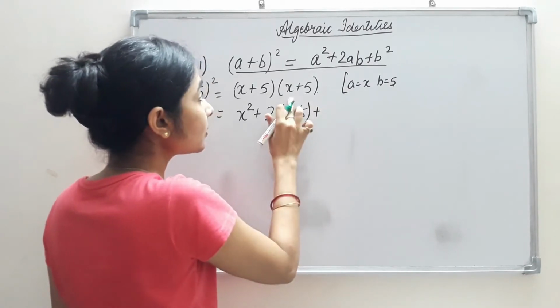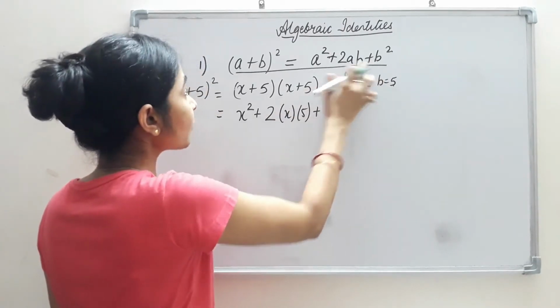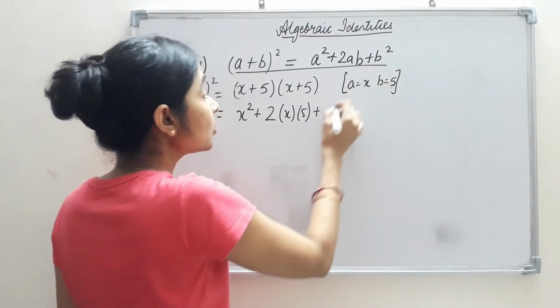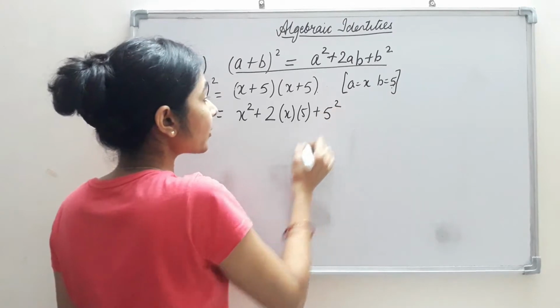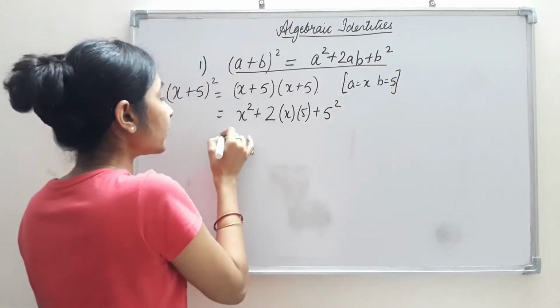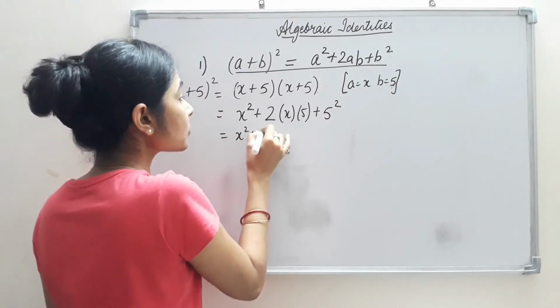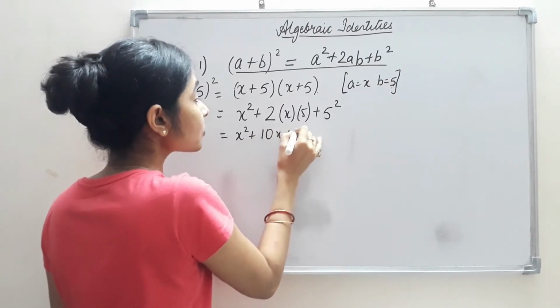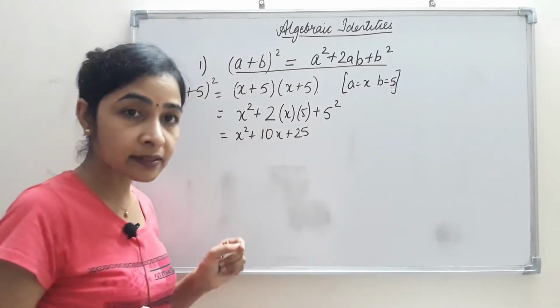In the third place we have b square, and since b is 5, the third term is the square of 5. So our final answer will be x square plus 10x plus 25.